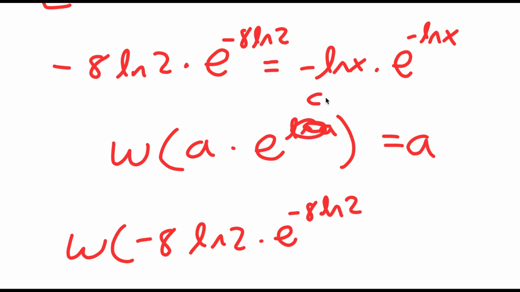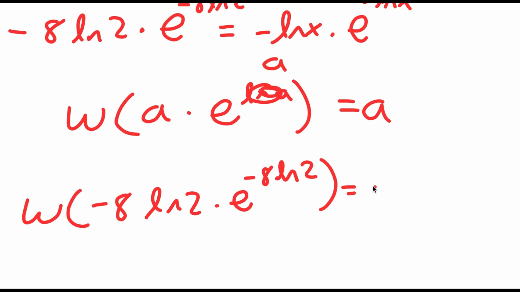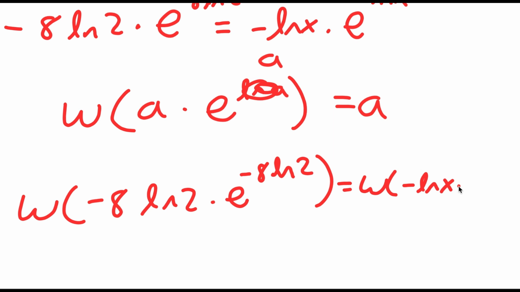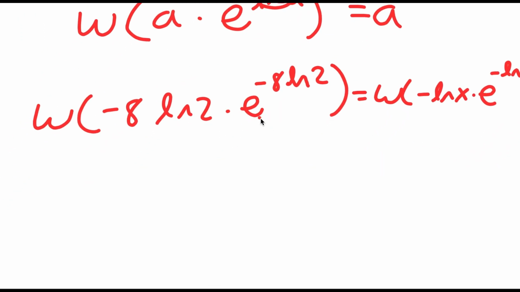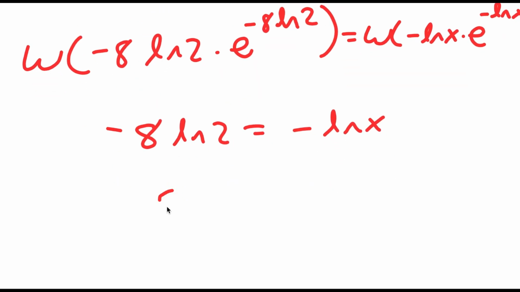Sorry, this should just be a is equal to W of negative ln x times e to the power of negative ln x. So now I'm simply left with negative 8 times ln 2 is equal to negative ln x, meaning 8 times ln 2 is equal to ln x.